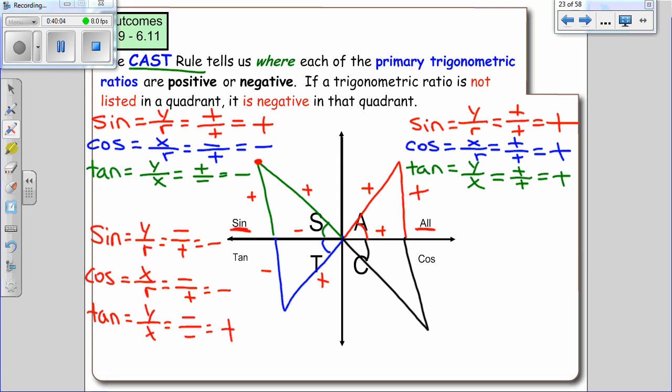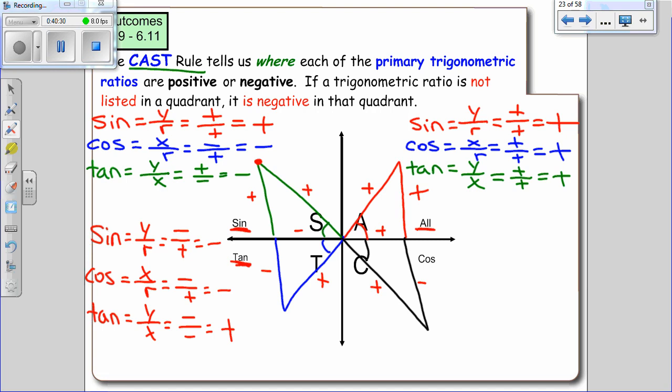Quadrant 4. If you look at quadrant 4, it's positive in the x-axis, but negative in the y-axis. The r is always positive. You do all of your ratios, and you're going to end up with sine equals a negative over a positive, which is negative.